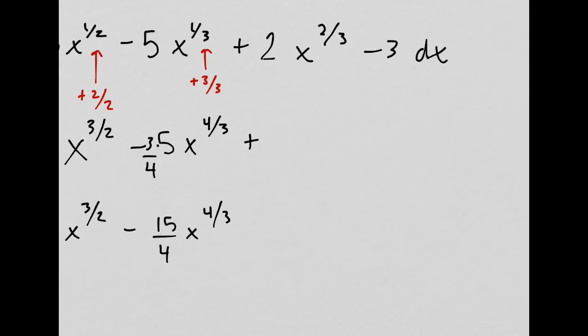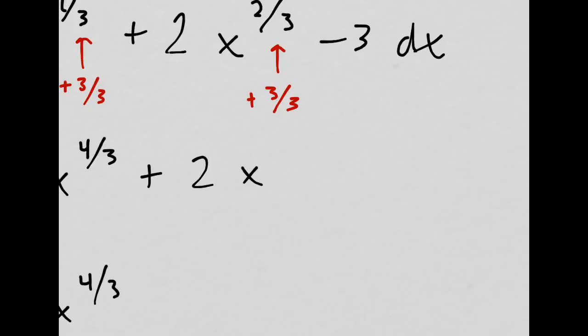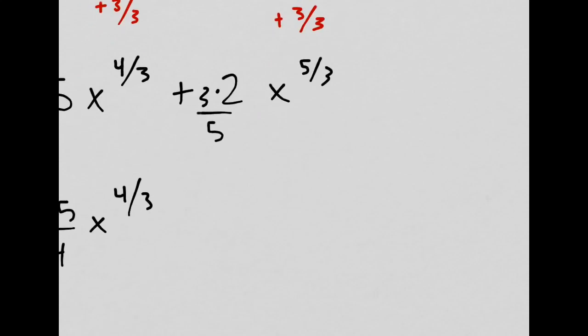And then plus, leave the 2 there, add 3 over 3, so I get x to the 5/3. Instead of doing the 5/3 on the bottom, I flip and multiply. So this will be 3/5.